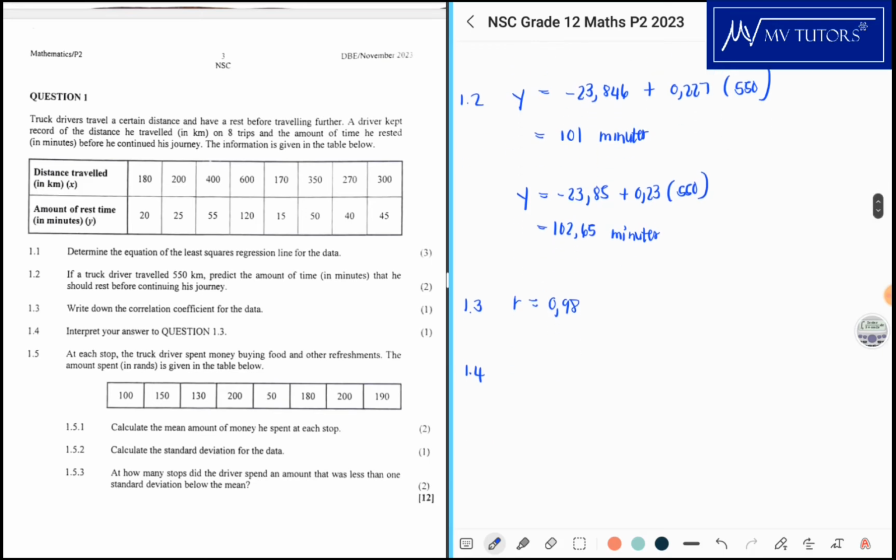So this is a very strong positive correlation of the distance traveled and the rest time. It's very close to 1, and if that's the case, you would say it's a very strong positive correlation, because some of them are negative.